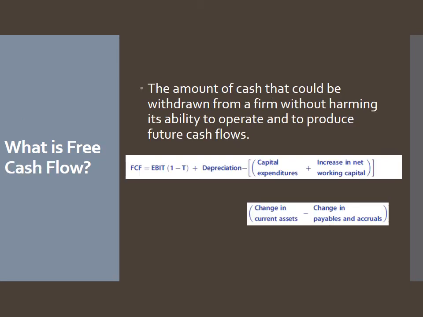So let's move on. What is free cash flow? That's the amount of cash that could be withdrawn from a firm without harming its ability to operate and to produce future cash flows.